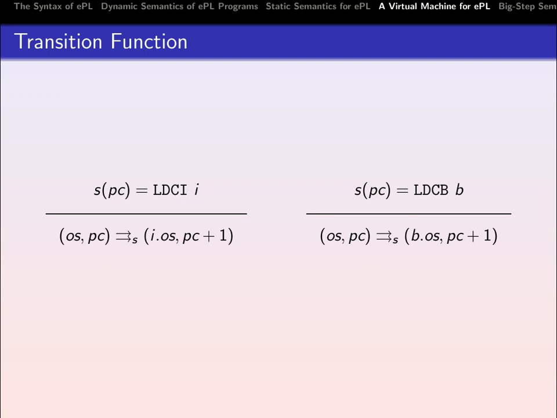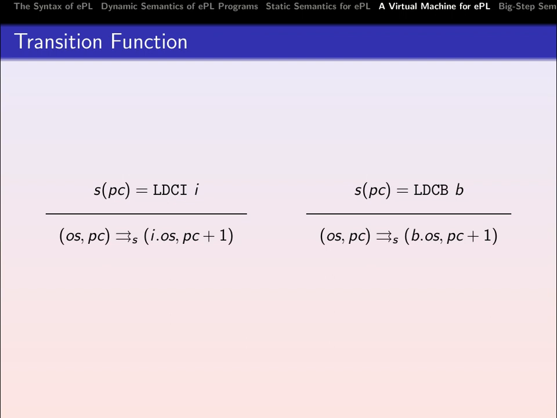then what does it mean that we execute? What we define as execution is the one-step transition. We're transitioning from this state to this state, and a state is defined as the state of the machine, which, as I was saying, is the operand stack, OS, and the program counter.